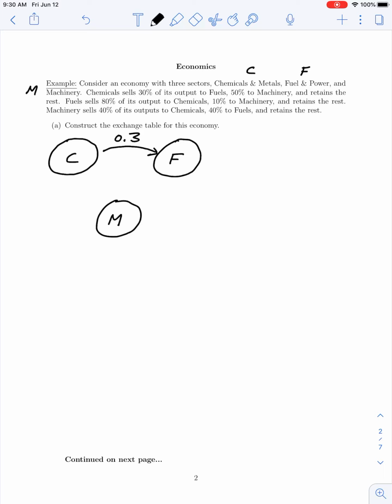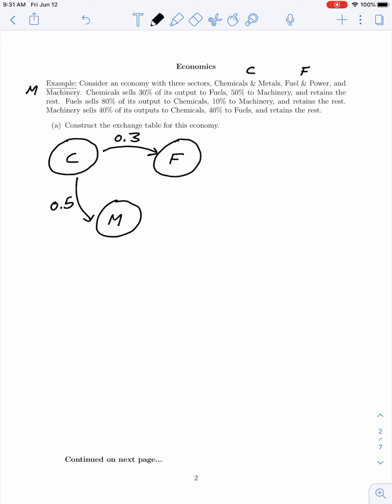Whereas chemicals sells 50% to machinery. So from chemicals to machinery, we can draw an arrow with 50% of its output. And then we're told the chemical and metal sector retains the remaining of its output.